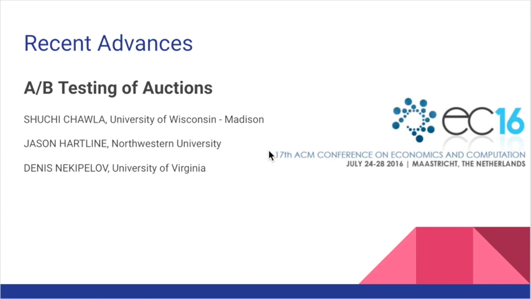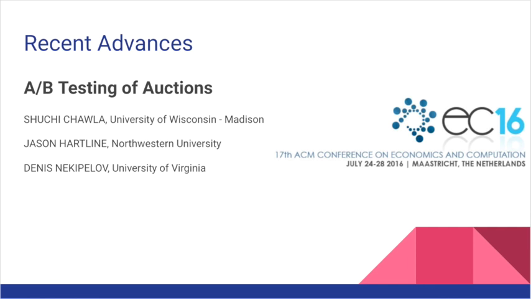There are many recent advances in game theory. One of them is A/B testing of auctions. This paper appeared in EC16, which is one of the most important conferences in game theory. It's called the ACM Conference on Economics and Computation. A/B testing partitions users of a system into A, the control group, and B, the treatment group, to experiment between several applications to optimize their services to the behavior patterns of their users.